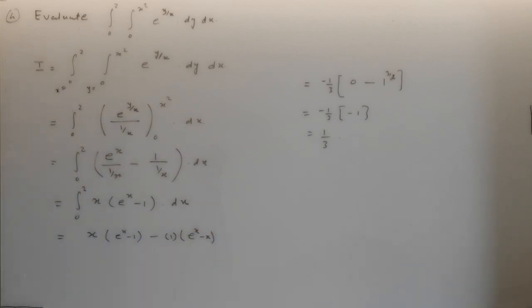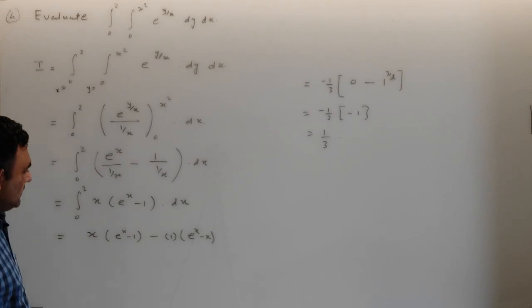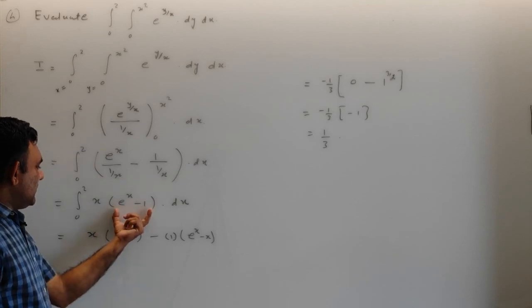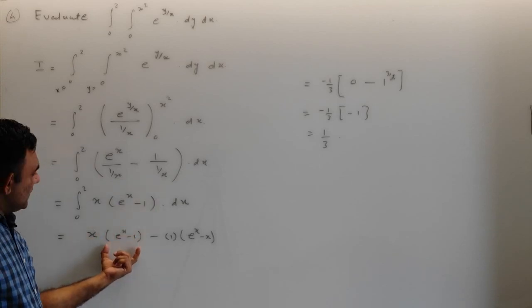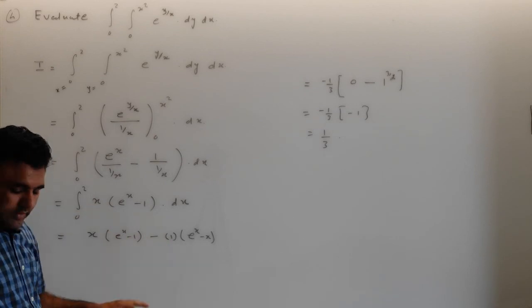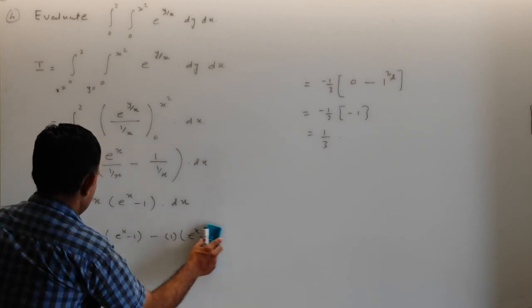Sorry, I did some mistake. x is as it is, this function is as it is. Now derivative of, sorry, I have to consider it like this.